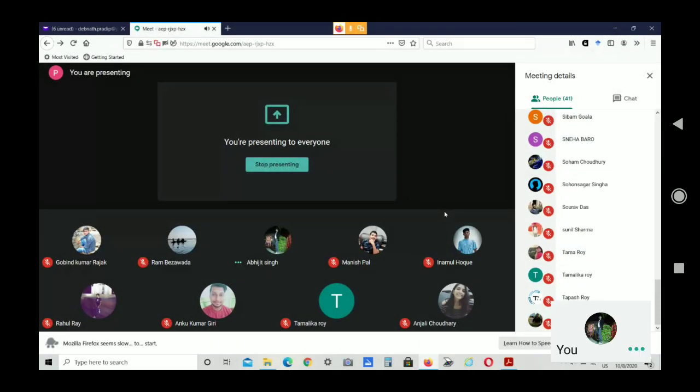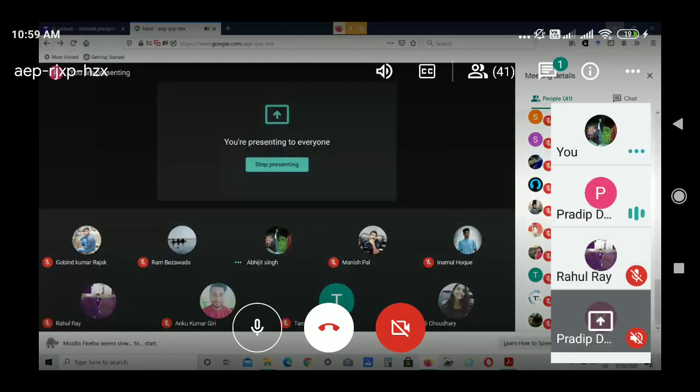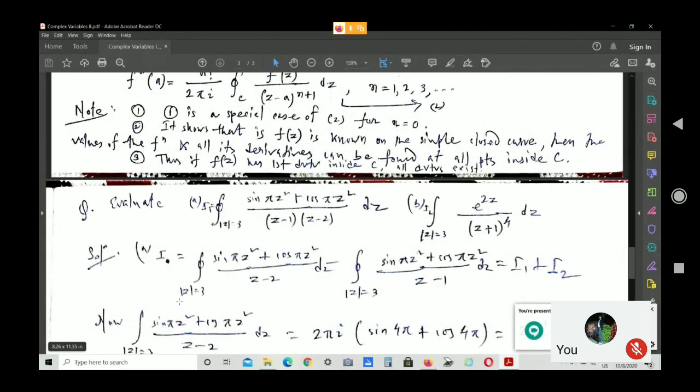It's a circle with radius 3 and center origin, 0, 0. So it's a circle around origin with radius 3. In this circle, whatever point you take, its distance from origin is 3. So whenever we write mod z equal to 3, it means we are talking about the circle with center origin and radius 3.